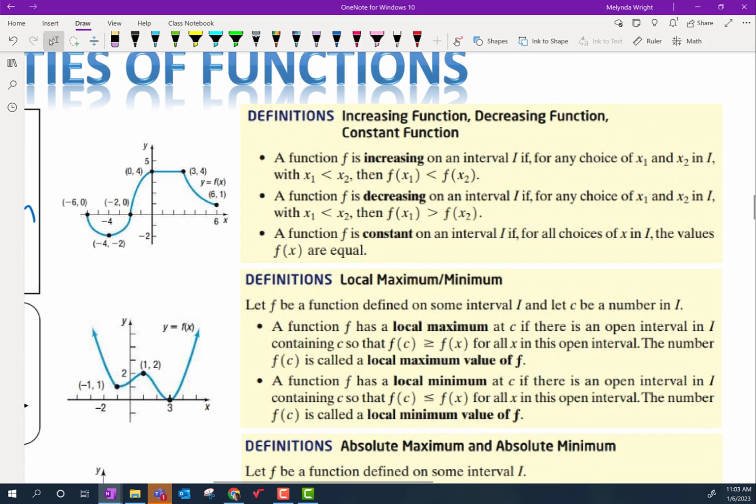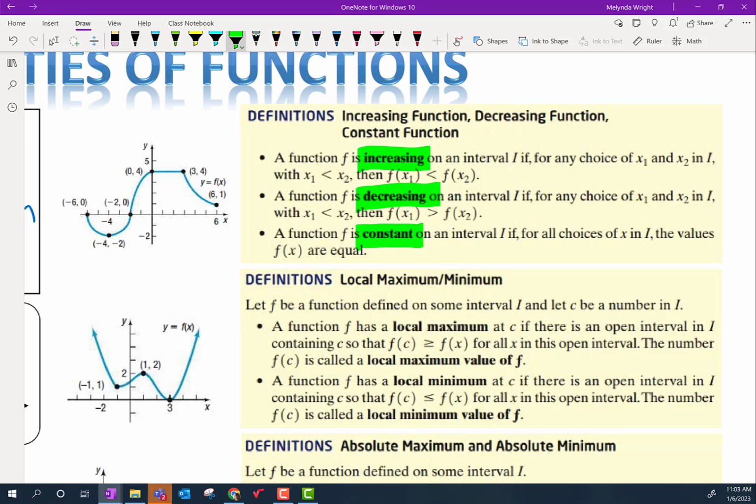For our increasing and decreasing, these words are very mathematical, very specific. We can either be increasing, decreasing, or constant. Those are the 3 choices. For this particular graph, I'm going to show you visually what that is.